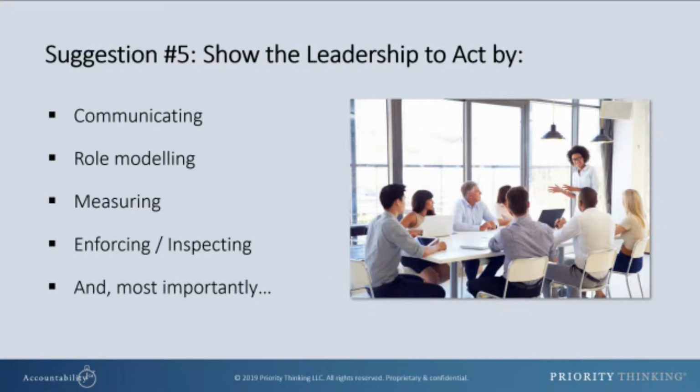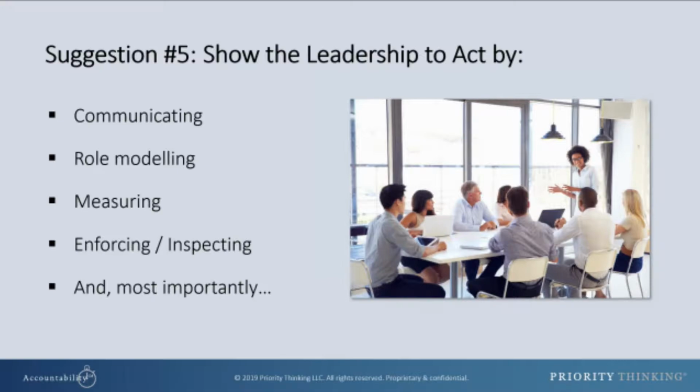In the Goodwill Leader model that we advocate, we say communications is not just a quality or a characteristic of leadership. We say it's at the very core of leadership. So leaders have to constantly be communicating and re-emphasizing all of the things we just talked about. Second, role modeling.